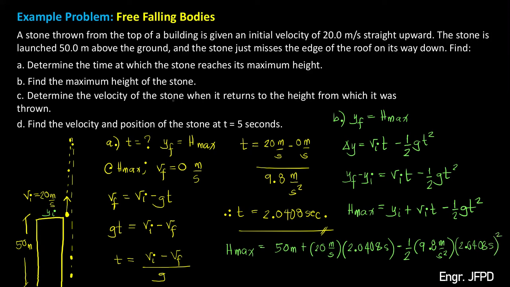Just type this equation on your calculator, and therefore, the maximum height of the stone now will be equal to 70.4082 meters. And take note that this maximum height is measured from the ground, and this is 70.4082 meters above the ground. And this will be our final answer for the maximum height of the stone.